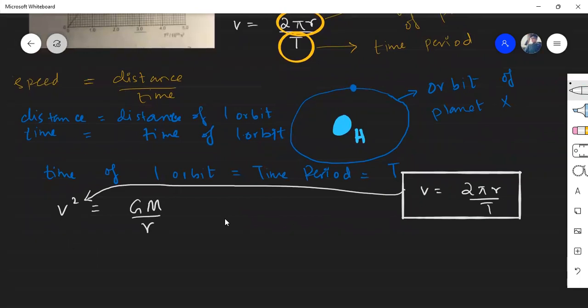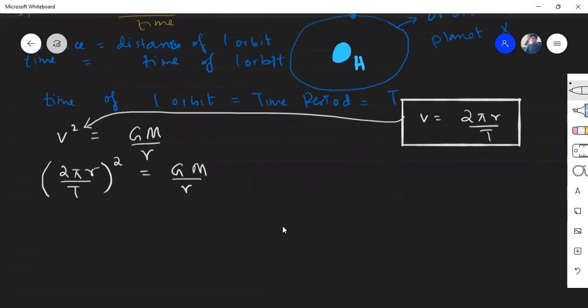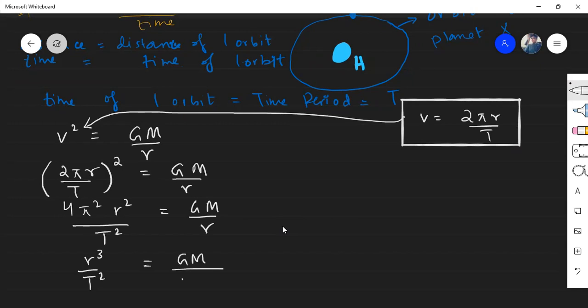Let's see what this becomes: 2 pi R over T, whole squared, is equal to G M over R. Now this is 4 pi squared R squared divided by T squared is equal to G M over R. So R cubed over T squared is equal to G M over 4 pi squared. You see this result?